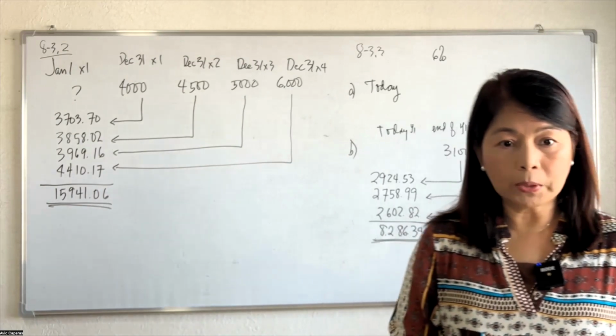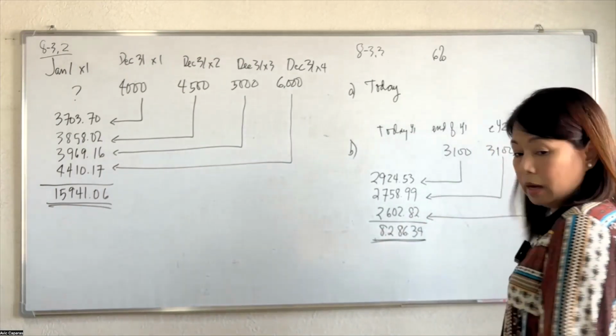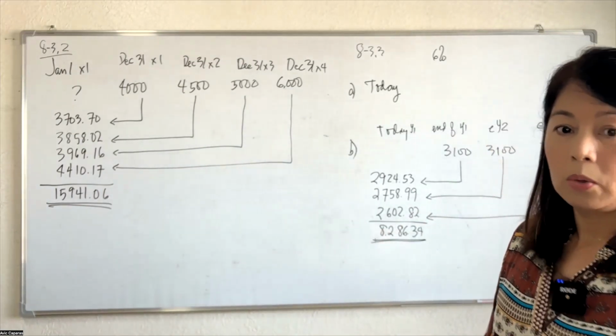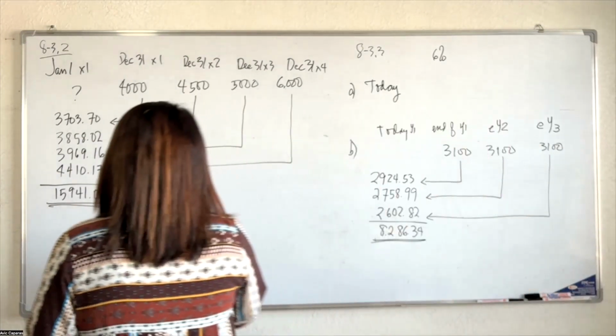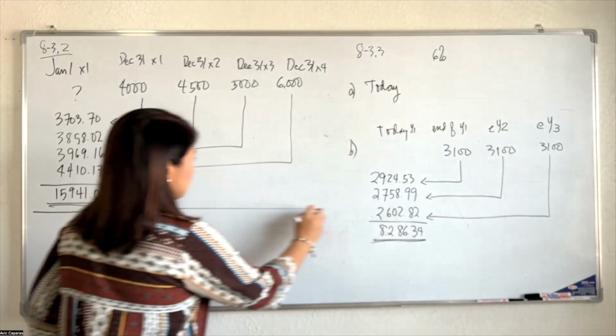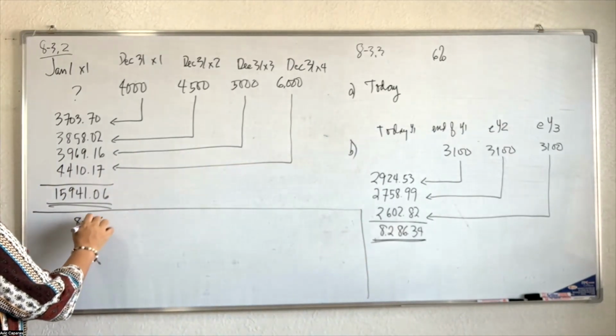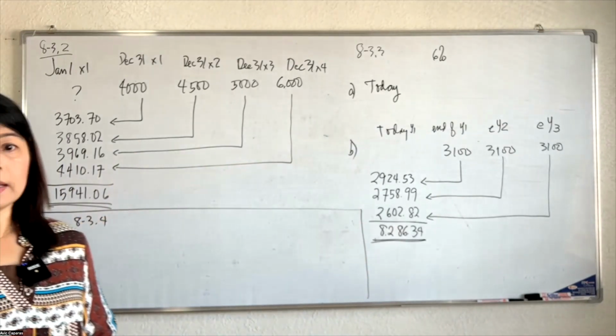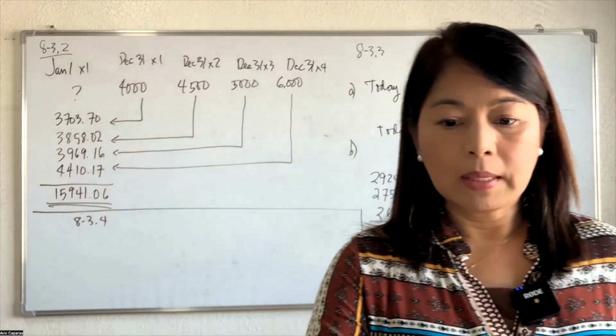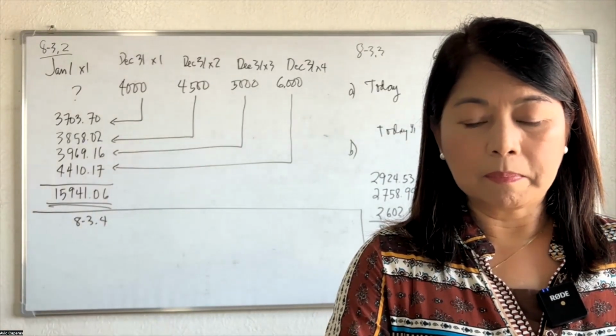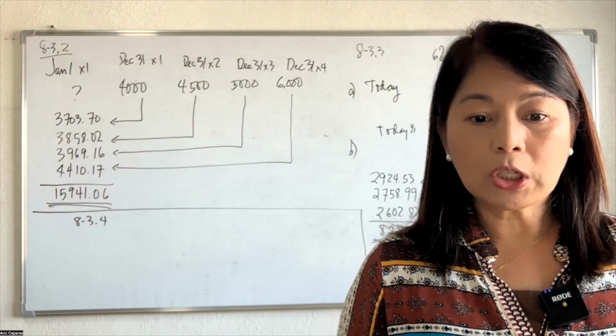Okay, do I erase the board? I think I still have some space. We are going to do question 8-3, 4 here. I hope you can still see that. So let us read the question.